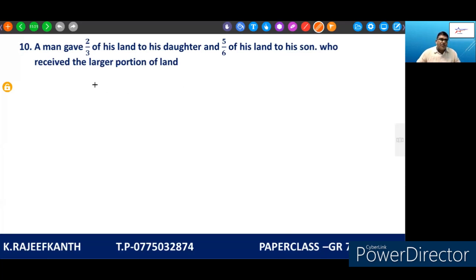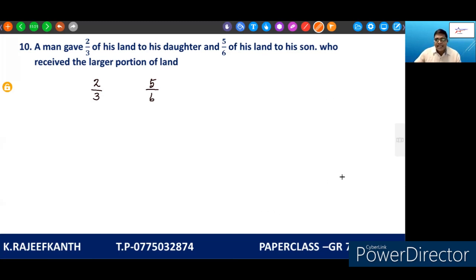Now 2/3, this is 5/6. Now we have to compare these two fractions. We should find which fraction is greater or larger. So that will be the larger portion of that land. So then we can find whether the daughter or son is getting the larger portion. So first you have to compare these two fractions.